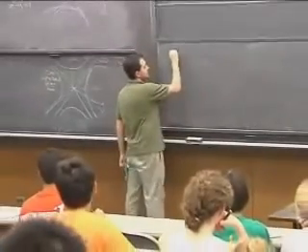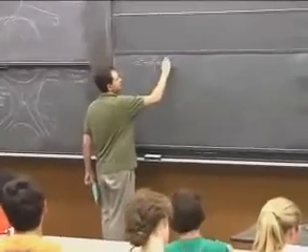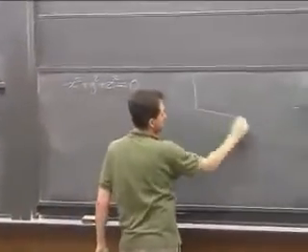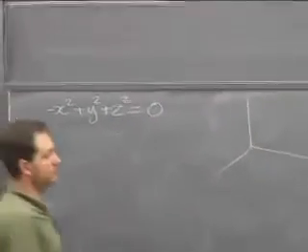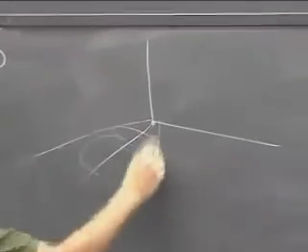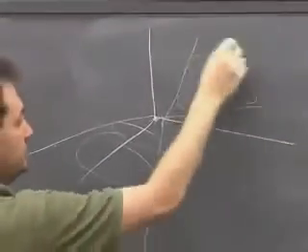It could be something like minus x squared plus y squared plus z squared equals 0, say. If that's the case, you have to mentally reorient yourself and say, well, now the cone is along the x direction, so the circles have to be increasing along the x direction. So it becomes sort of hard to draw.